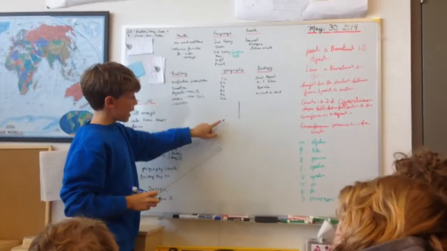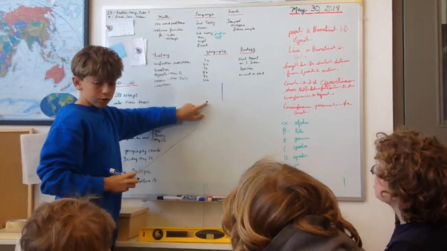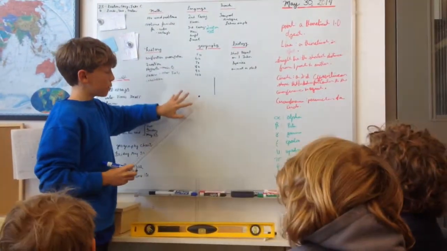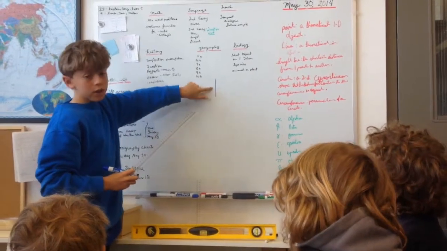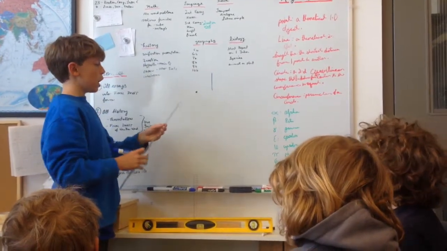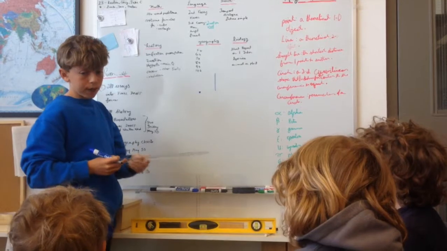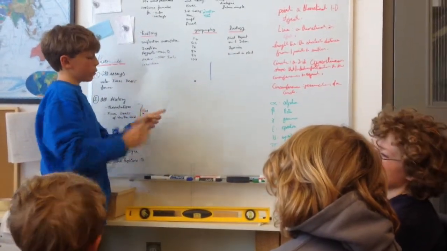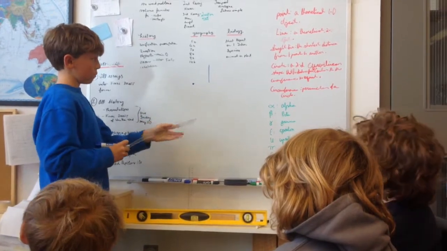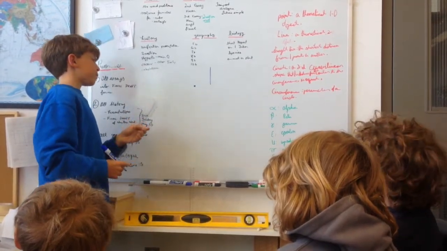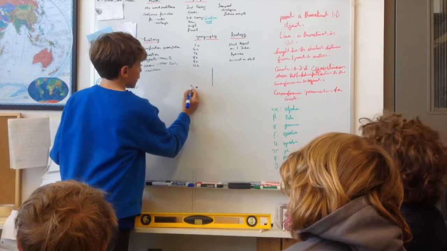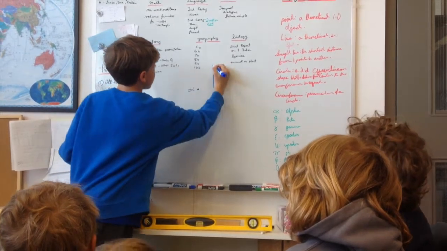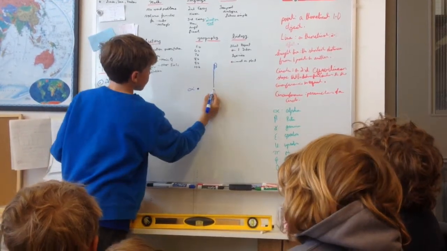Make a line that starts from this point and ends somewhere else that's equal to this line, without using a ruler that has centimeters or inches. So we're going to label this point alpha, this point beta, this point gamma.